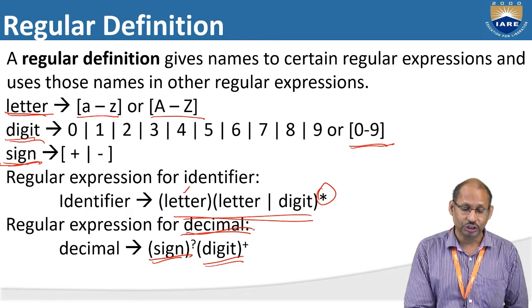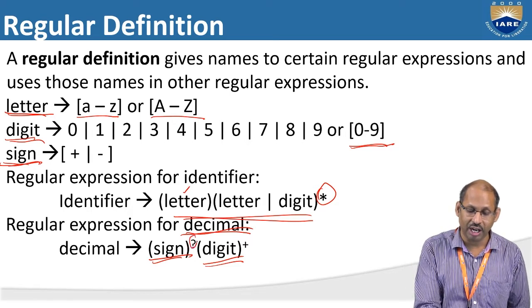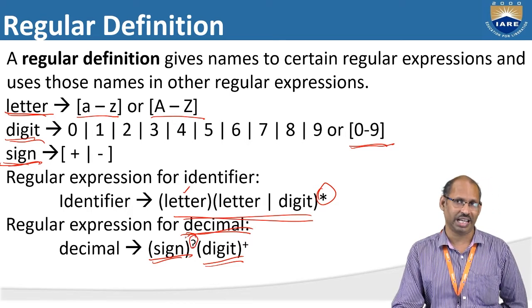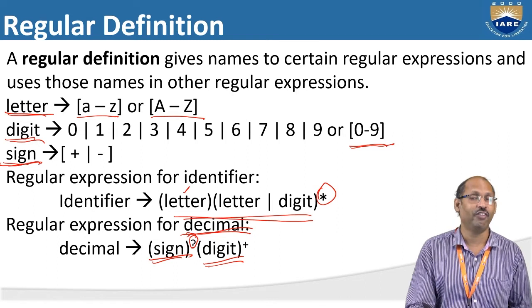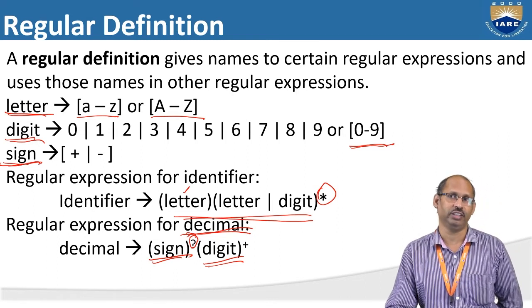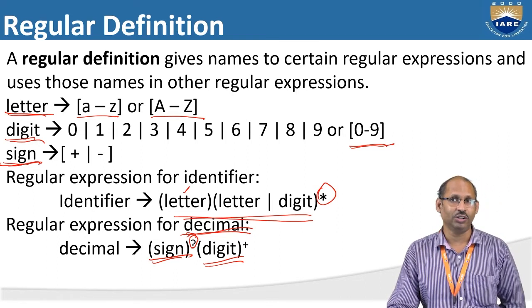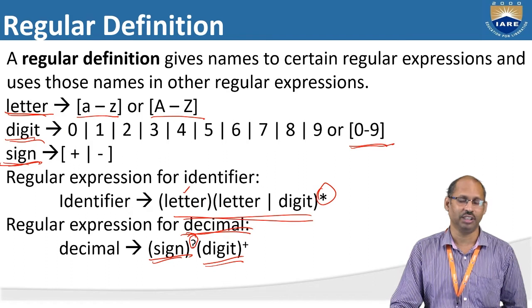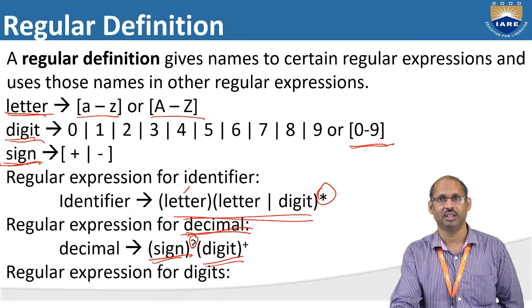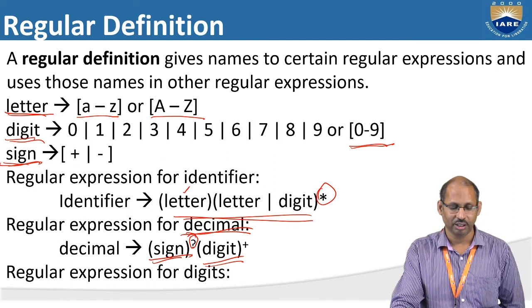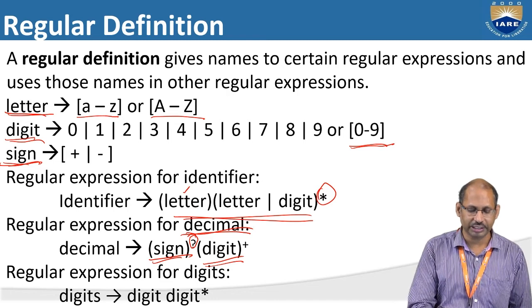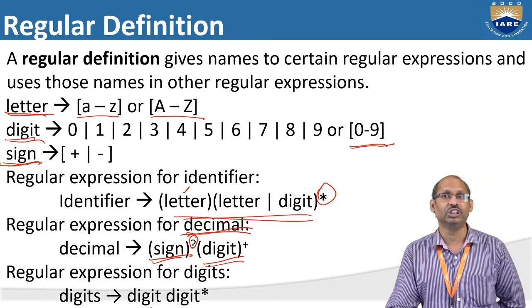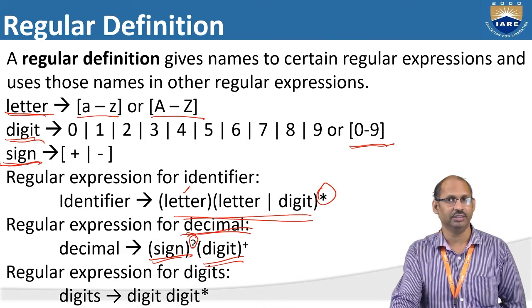A decimal is 0 or 1 occurrence of sign followed by 1 or more digits. Right? Then for digits: digits equals digit followed by 0 or more occurrences of digit.